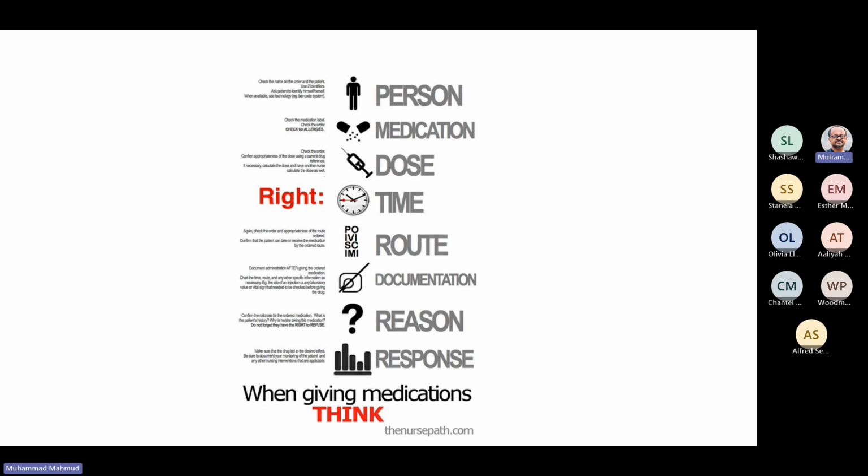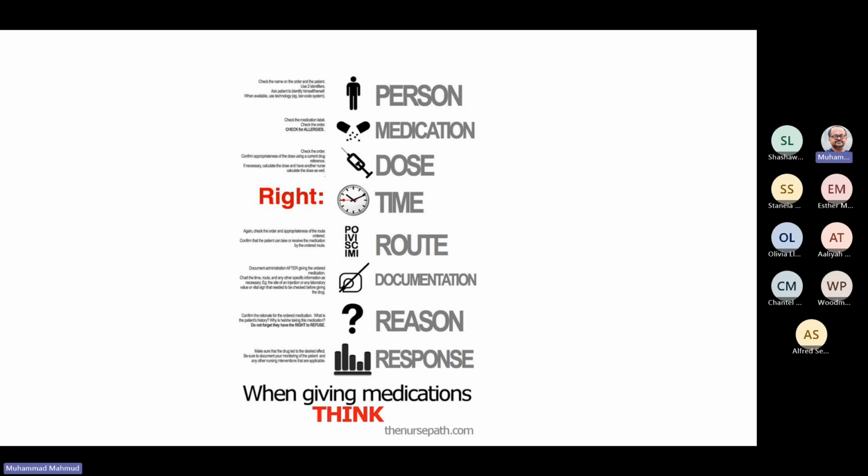Two of those identifiers are needed to know this is the right patient. For medication, check expiration date, check if it is the right medication. As we mentioned earlier, sometimes it can be look-alike or sound-alike medications. If you have any question, any doubt in mind, just check with your supervisor.